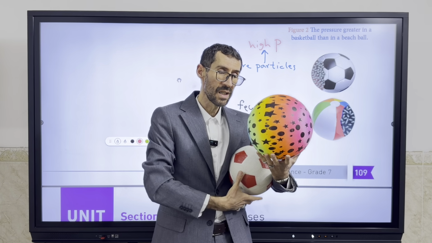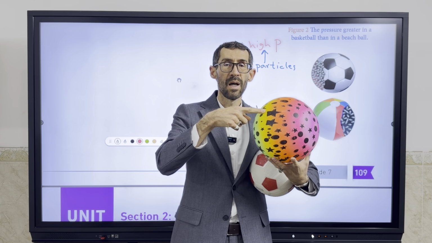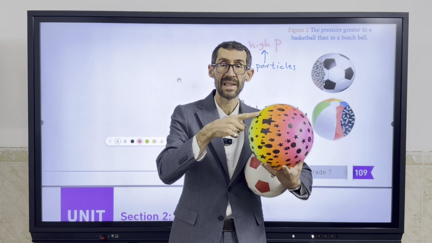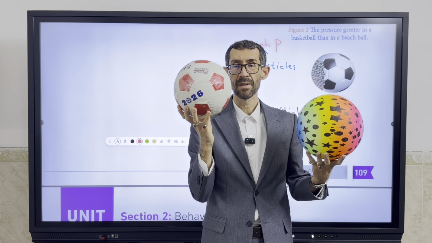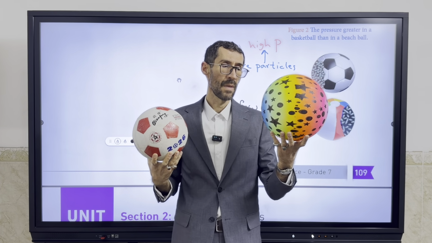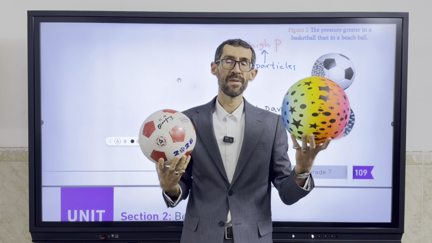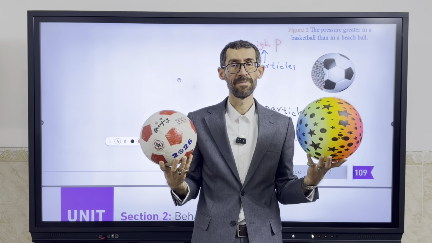But if you touch the rubber ball, it feels very soft. The football feels very hard if you touch it, and the rubber ball feels very soft.